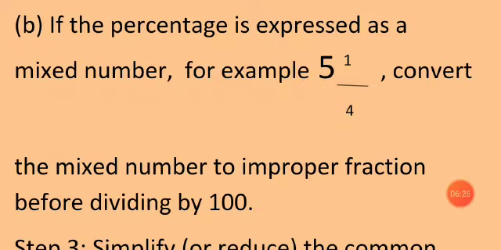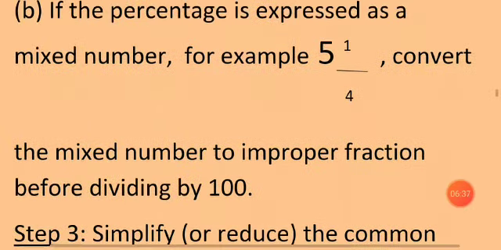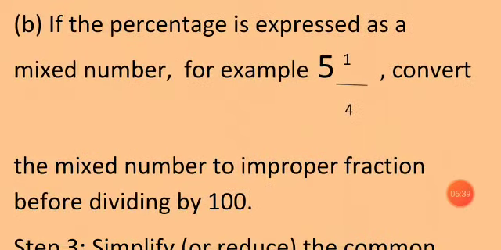There can also be cases where the percentage is presented as a mixed number, for example, 5 whole number 1/4%. Before we start any proper conversion here, this mixed number must be converted to an improper fraction.